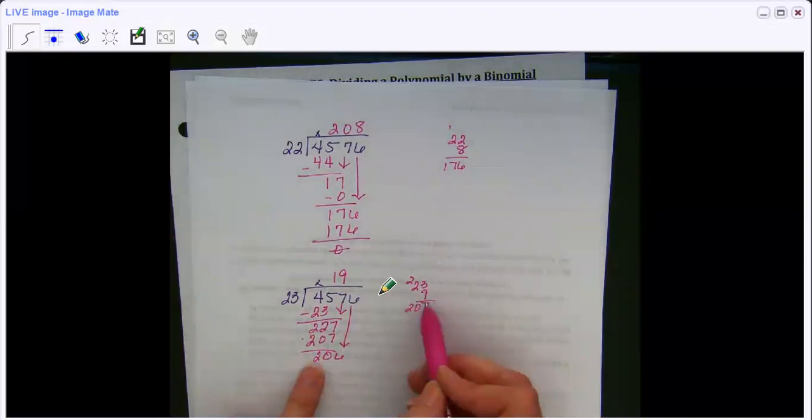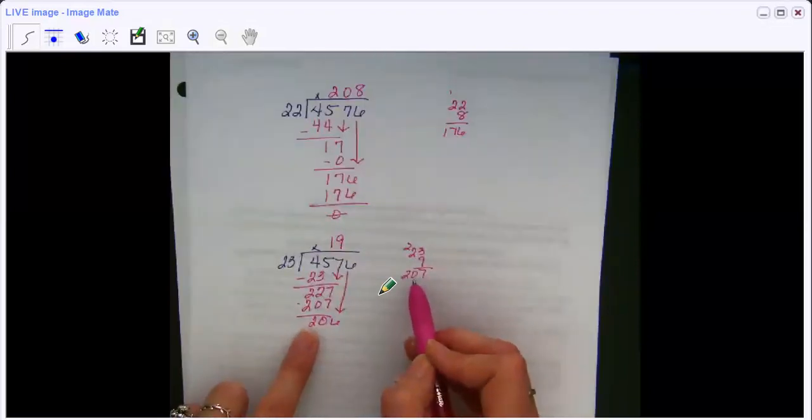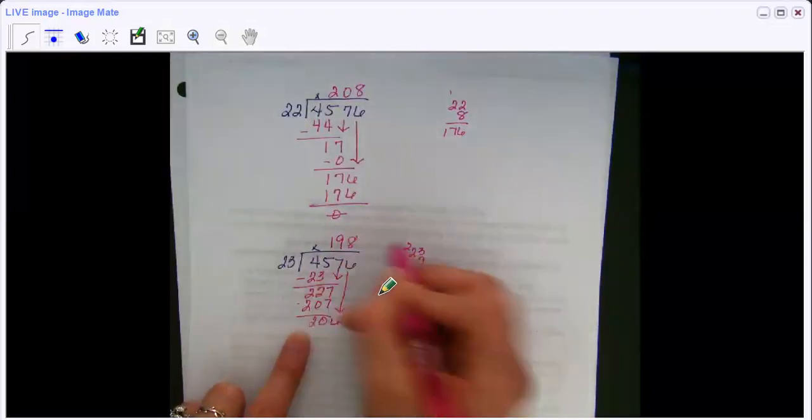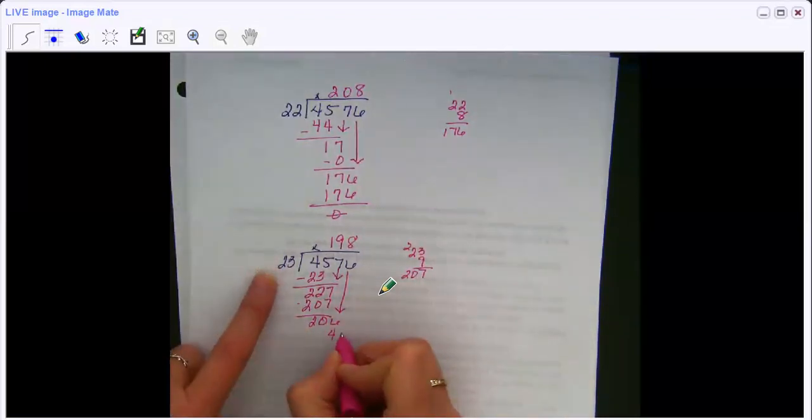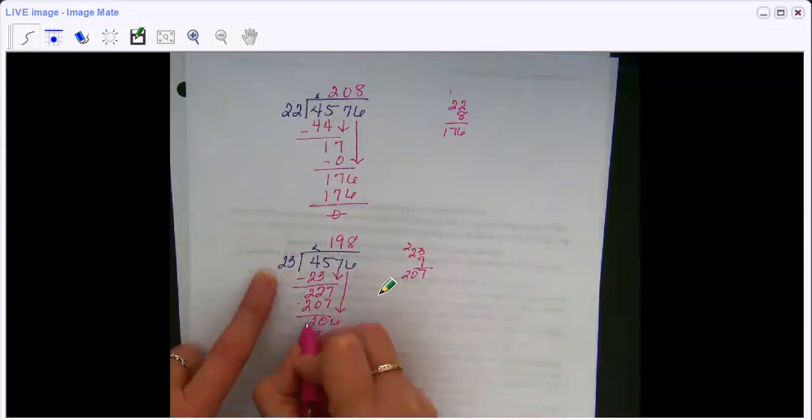Now 23, so I already know 23 times 9 is 207, so it's going to have to be 8 because 207 is too big. 184, okay? Oh wait, no, that's 2, with 22 left over. Remember though, if you have a remainder, a lot of times in middle school you would add a decimal and keep going, right?